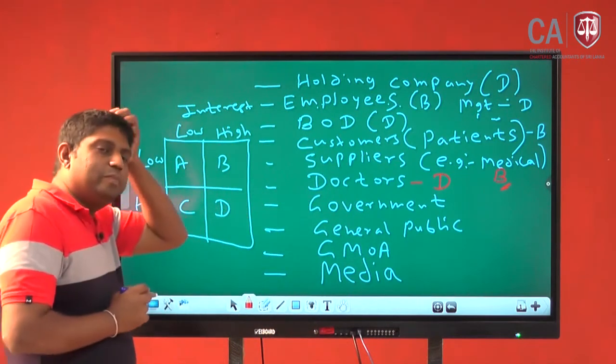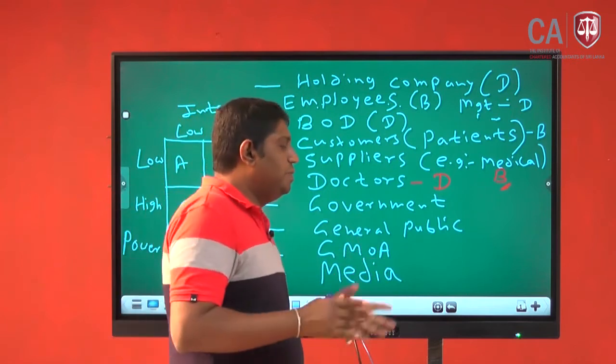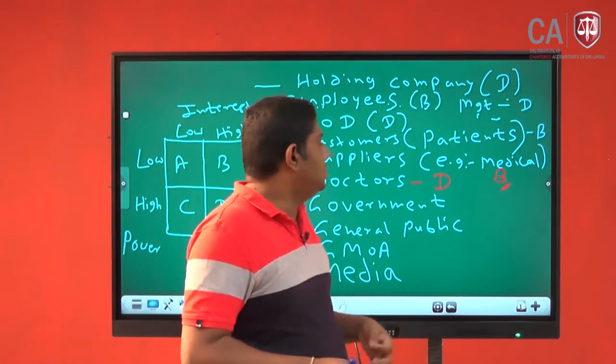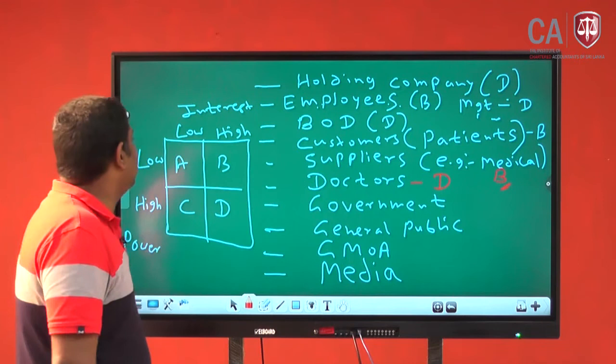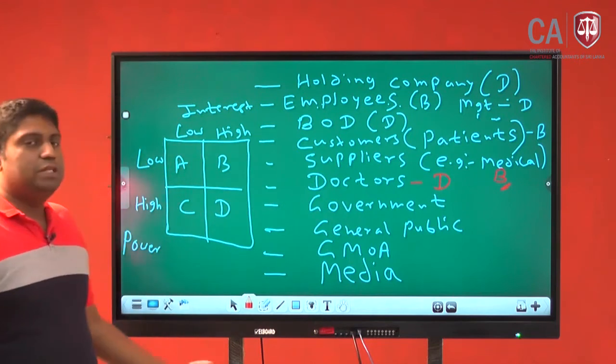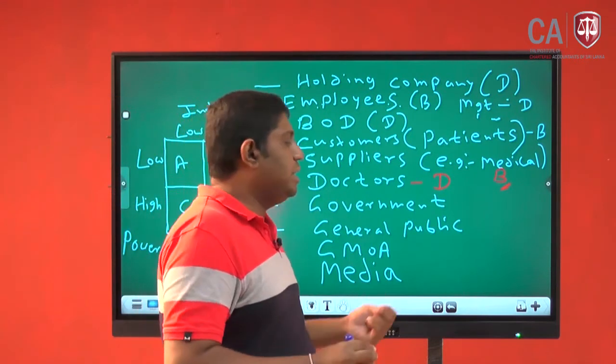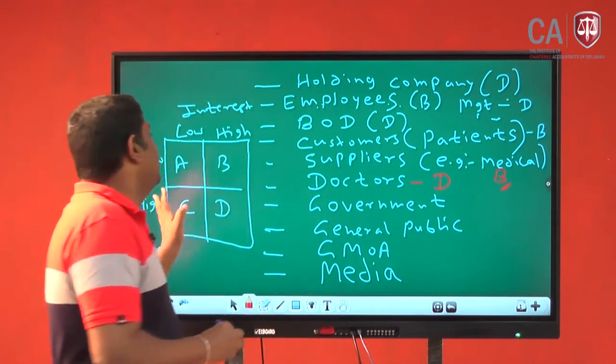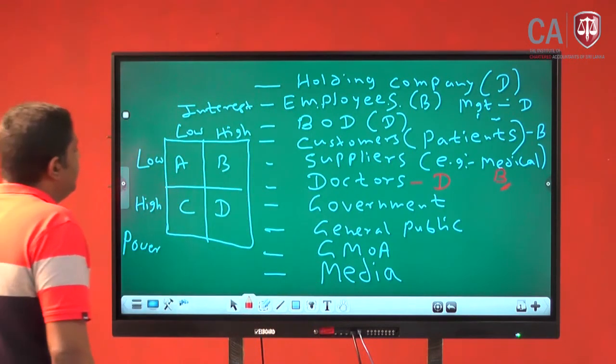You may say there are some MBBS doctors, but not much important. In that scenario they can be categorized under B. But if it is a specialist doctor, your patients are attracted because of these doctors, in that scenario, D, right?